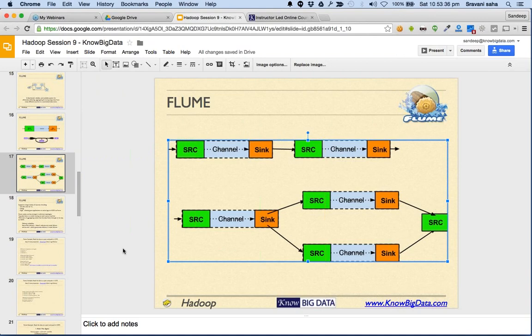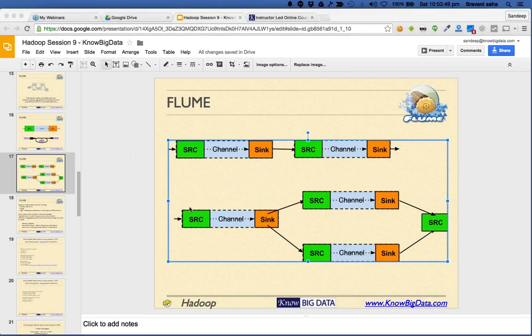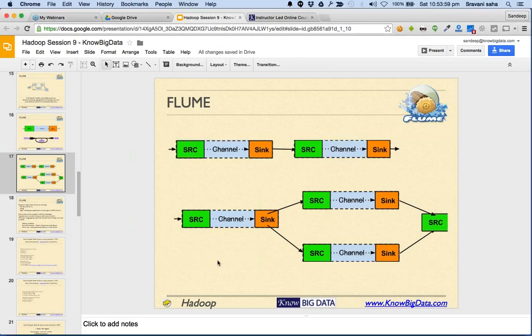Each Flume agent generally runs on every node which is generating the data, and these nodes are transmitting data to HDFS by this. Each agent or each node is this one, and this one. This one contains three nodes, this one contains two nodes. That's what it is.